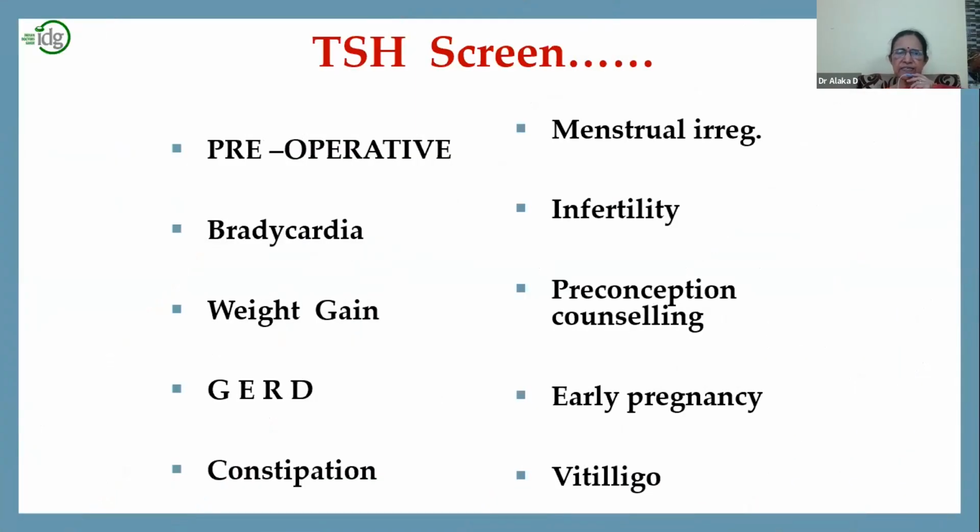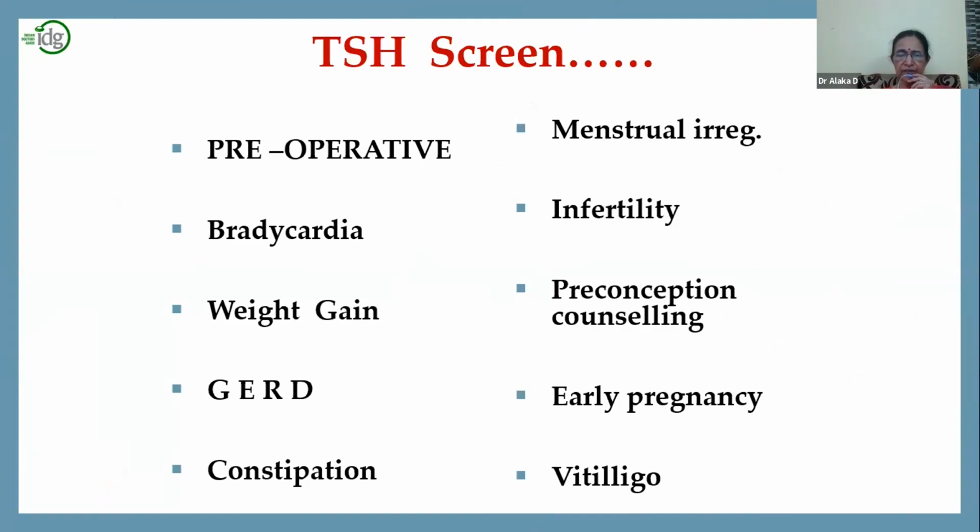What are the other situations where we have to do TSH? Preoperatively, or if the patient comes with bradycardia, sudden weight gain, GERD, unexplained constipation, menstrual irregularity, infertility, as a part of preconception counseling. Because as I told you, in most of the cases, the symptoms are very subtle.